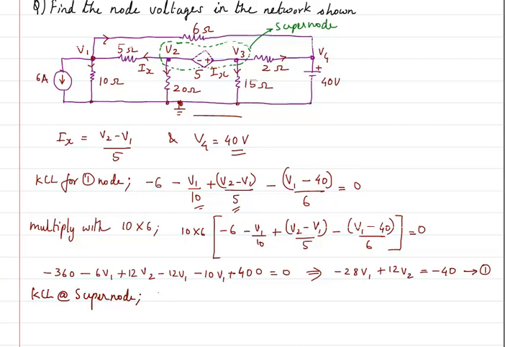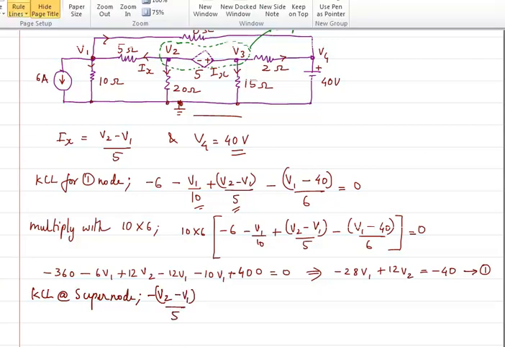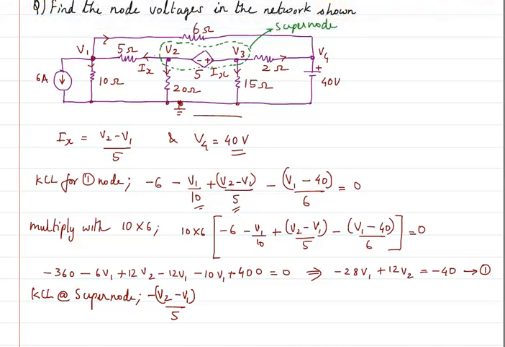One is V2 outgoing, so it is minus of, within bracket, V2 minus V1 divided by 5. Which currents am I talking about? For this node, this is the first current, this is the second current, this is the third current, this is the fourth current. There is no other current leaving the supernode, isn't it? Only these 4 branches.